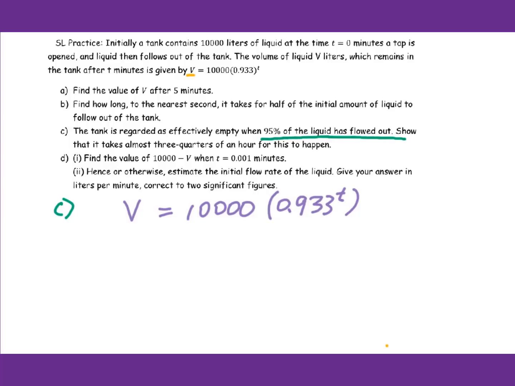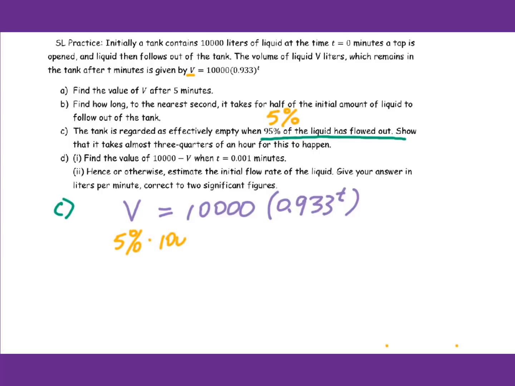Since this V means the remaining liquid, that means when 95% of the liquid has flowed out, only 5% left.